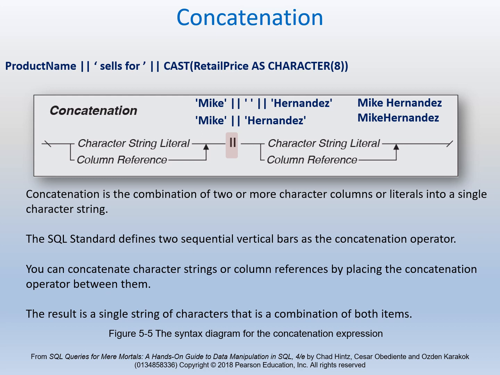This will allow us to read clearly product name, sales for, and then the value, which involves the use of the cast function on retail price, a numeric value cast as a character. Let's see what the output would be. Trek 9000 mountain bike, that's the product name. Sales for, we have the space before S and the space after the R, and then the retail value as a string.